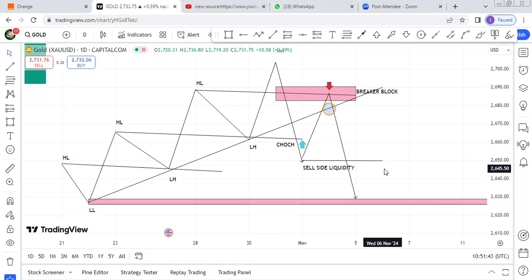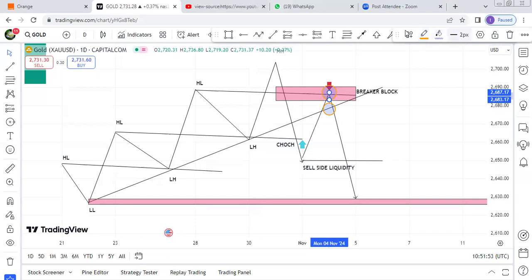Now, when we use the PD array for ICT, we say we are going to look at the previous high, which is this high. We're going to look at the high that has been created by the market on the current market, and this low, and say, okay, we want our entry.